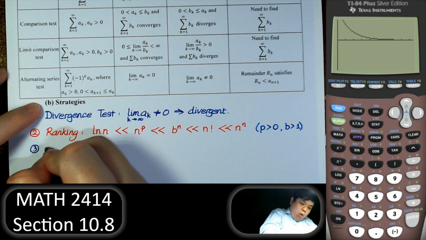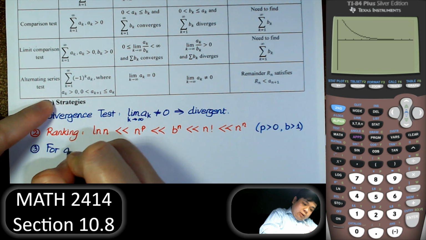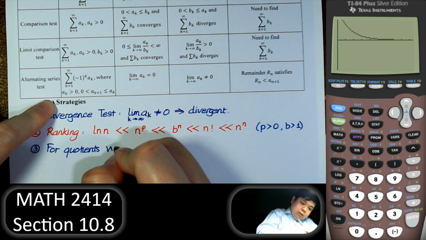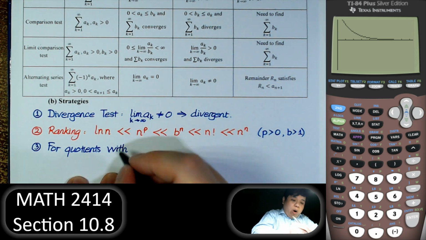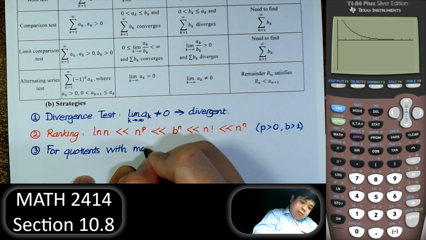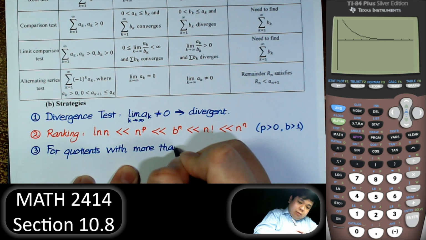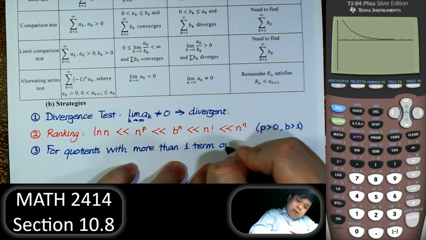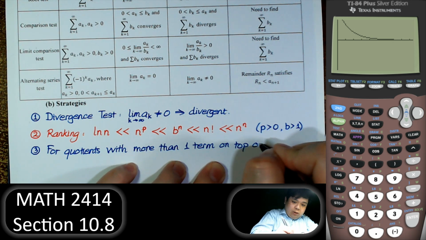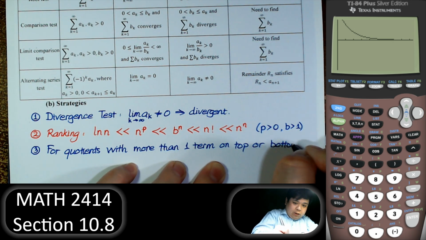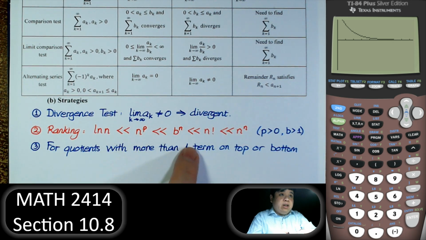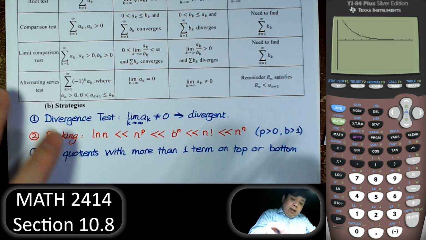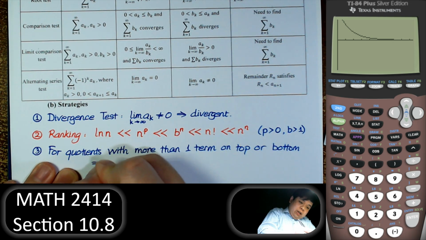So for a quotient with more than one term on the top or bottom, where usually a term is one of these or a combination of more than one of these, we use comparison tests.